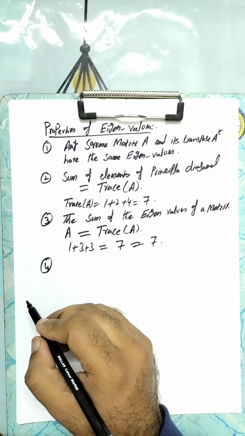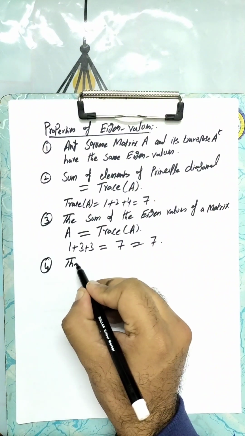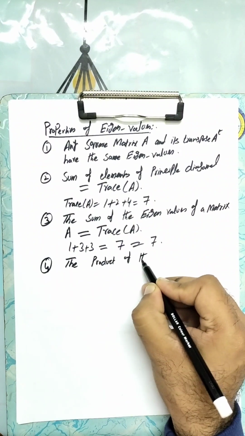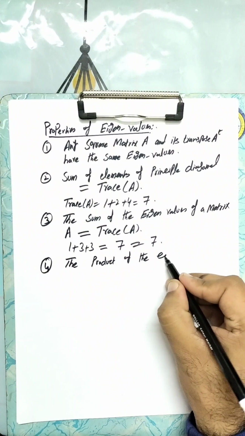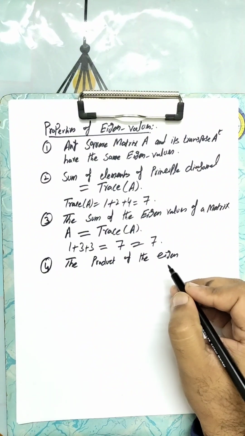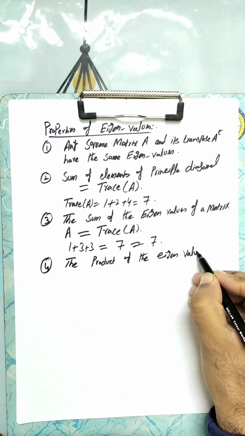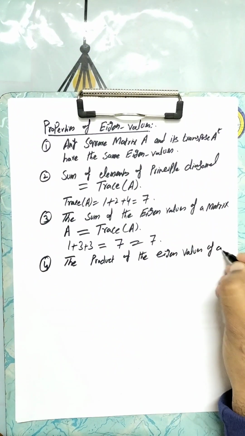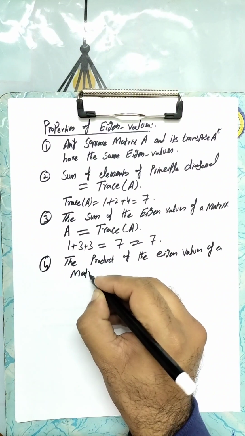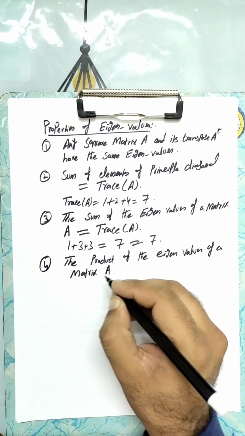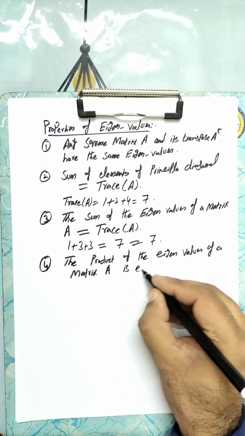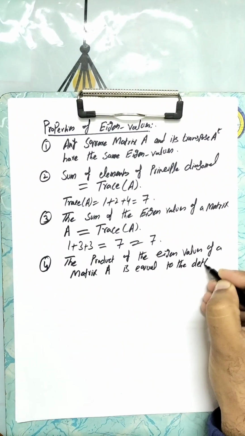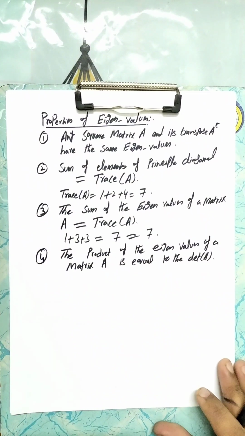also important. The next property is the product of the eigenvalues of a matrix A is equal to the determinant of A. This property is very important.